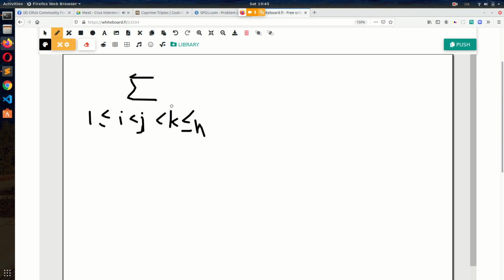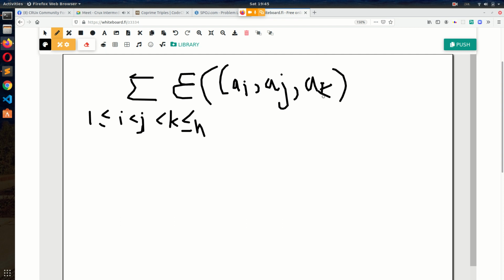So the number of triples is such that the epsilon of GCD of ai, aj, ak, this value.